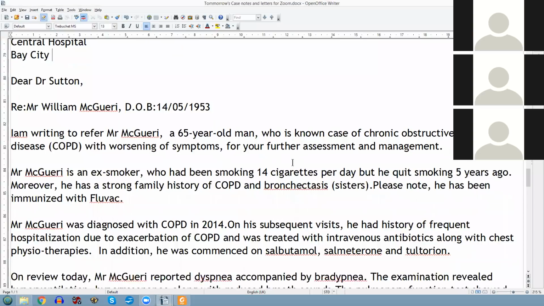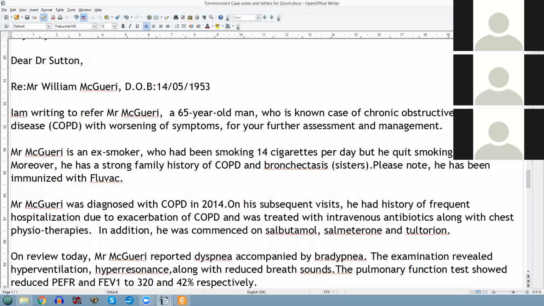Okay, so that's good. We've got the date of birth. Okay, Mr. McGarry. But we don't really need this because we can see it here in the date of birth. "Who is known case?" Well, case is a noun. So it's either "who is known to have" or "who is a known case," because it's a noun phrase.